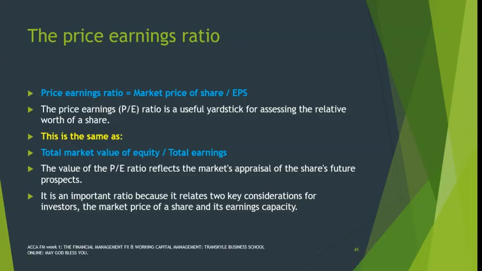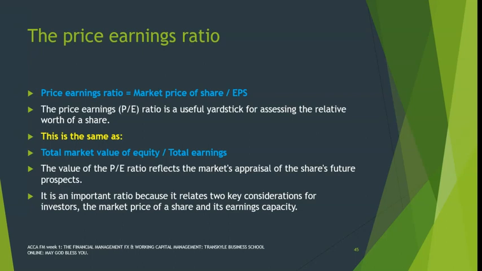Price earnings ratio is equal to market price of share divided by the earnings per share. So this is why I say that they're like brothers. They are related somehow. The price earnings ratio is just the ratio of the market price of the share to the earnings per share.